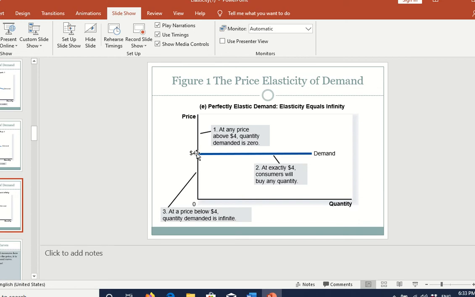Nobody's going to buy from this seller. And if the price is below $4, the quantity demanded is infinite, so it's not defined. So no sellers will go below $4. So this is a horizontal line, and this is a perfectly elastic demand. The price elasticity of demand is equal to infinity.